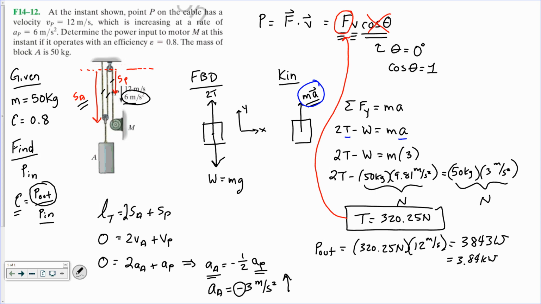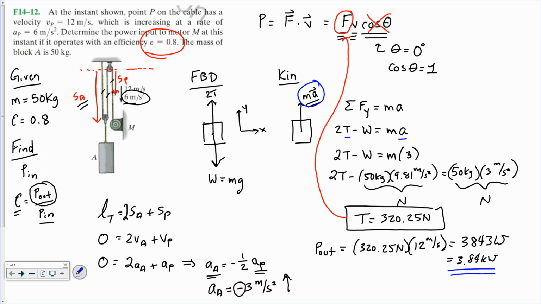Now, if my motor were 100% efficient, I would only need to put in 3.84 kilowatts to get out 3.84 kilowatts. Everything that went in would come out. But unfortunately, my motor is not 100% efficient. As I said before, it's only 80% efficient. So I actually need to put more power into my system to get this desired amount of power out, 3.84 kilowatts.